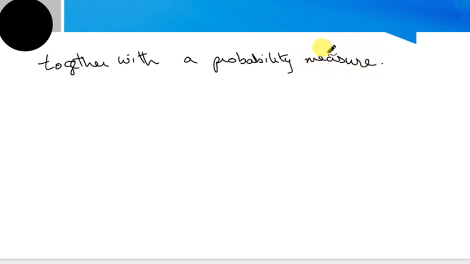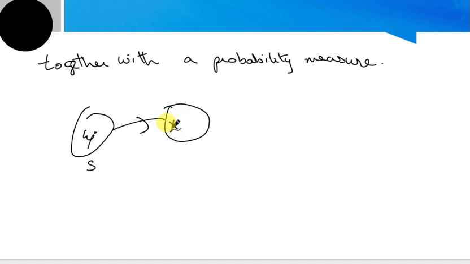If you are to give a pictorial representation, you have eta from your sample space, which is now mapped on to your x of t comma eta. This would be a very simple way of expression of a waveform space.